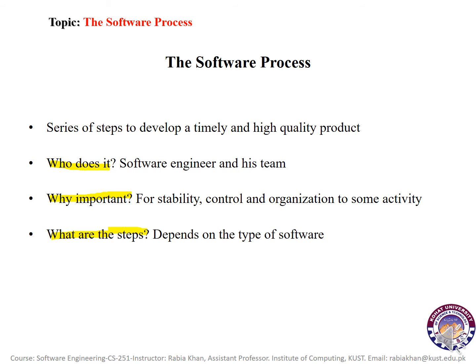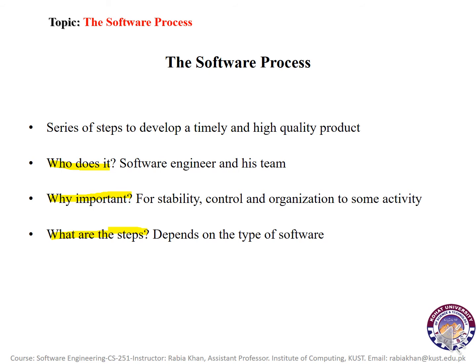But as I just said, some of the steps within the software process are generalized for every type of software project. So those basic steps need to be followed for every project. What are those steps? We are going to discuss that in the coming slides.